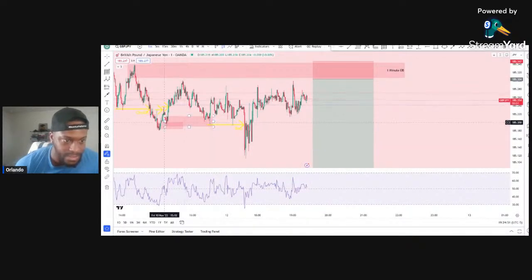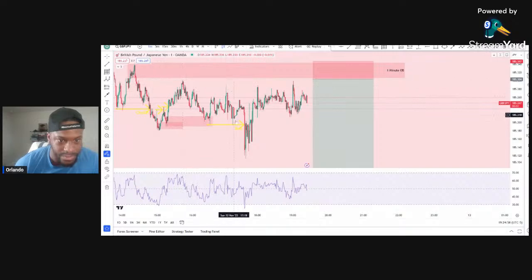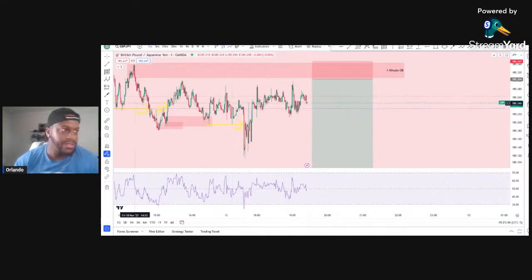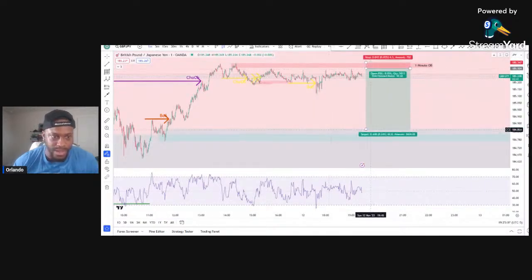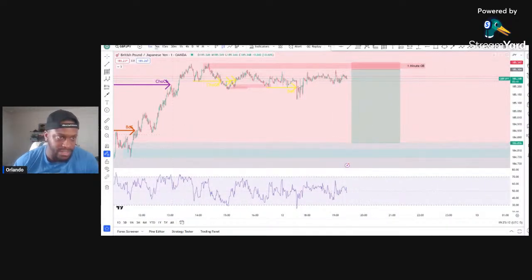So let's see. Demand zone, boom, push, push, push, boom. Respect the supply zone, boom. It was bearish. Now we back what? Bullish. Yeah. I see GJ selling from this area and coming back down here to this unmitigation.